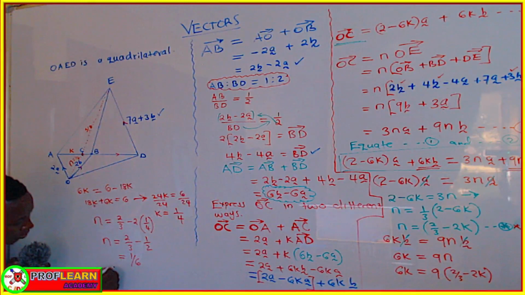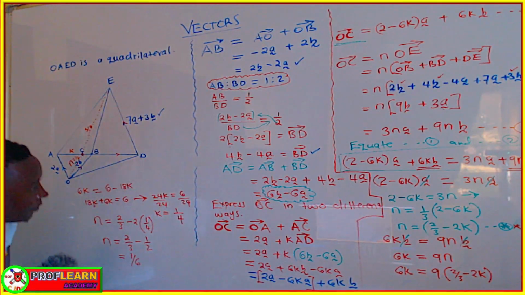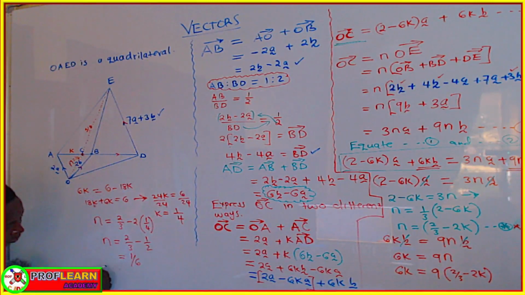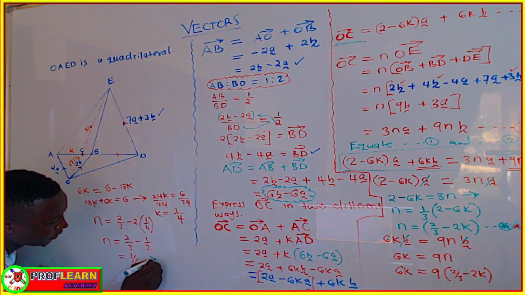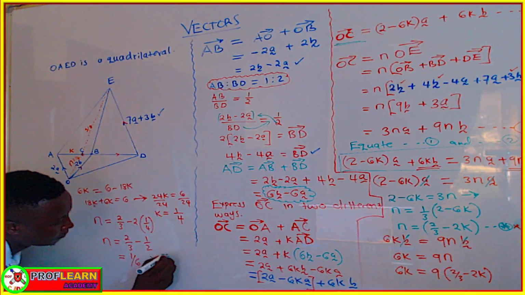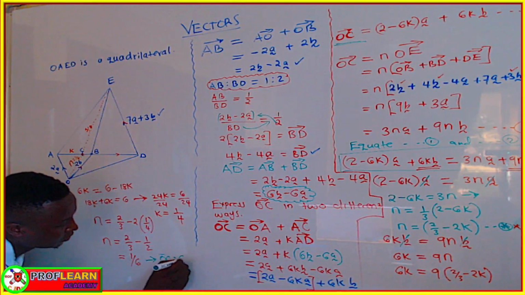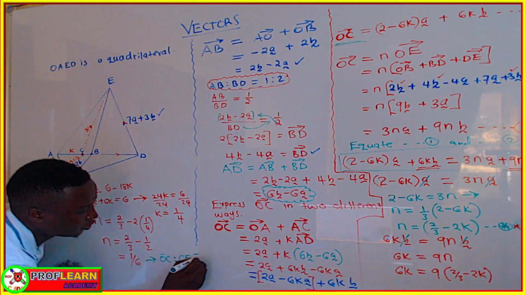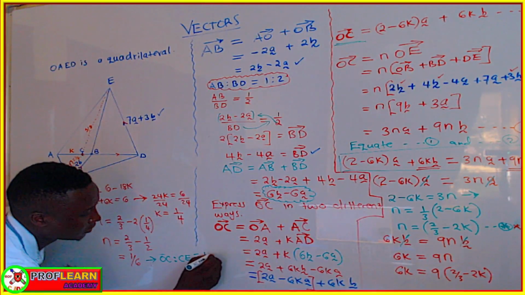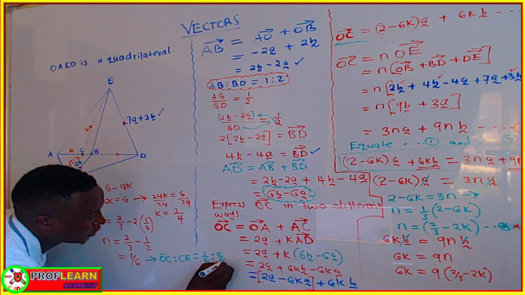You were asked to write the ratio of OC to CE. So the ratio OC to CE is 1 over 6 to 5 over 6.